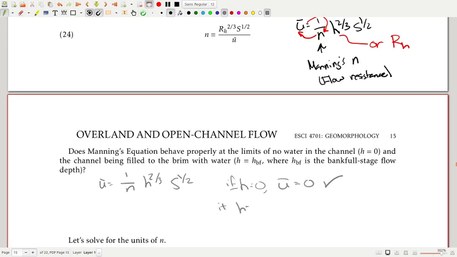If h equals hbf, which is the bankfull, so that's going to be the highest level of the flow when the flow is still in the channel, then U bar is going to equal h to the 2/3 s to the 1/2, where this is hbf, over n. And if hbf is the biggest h, then this is the highest flow velocity as well. So check. Good. That's also helpful.